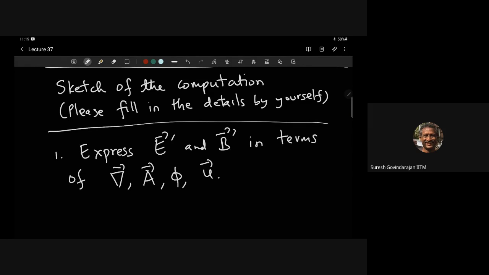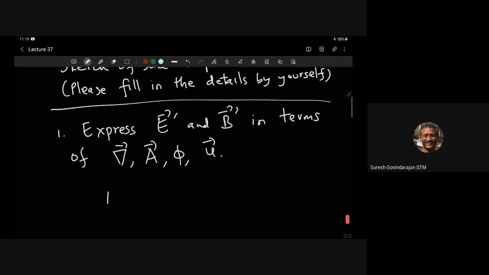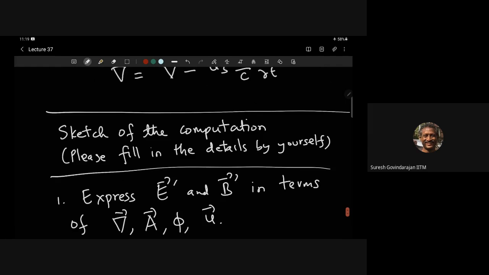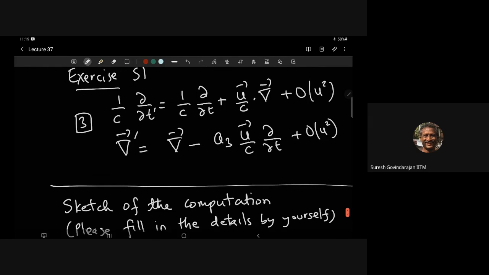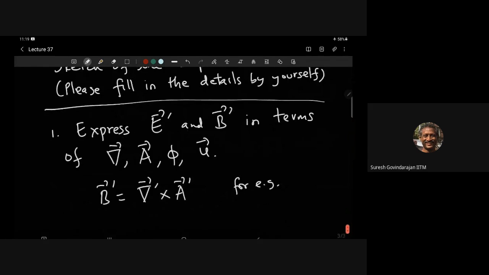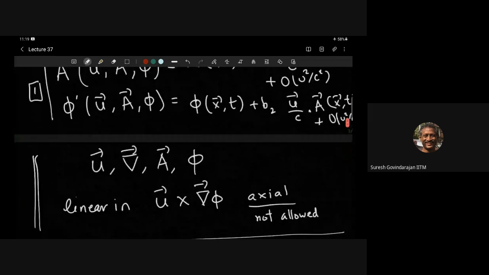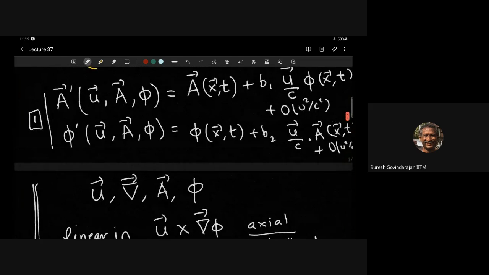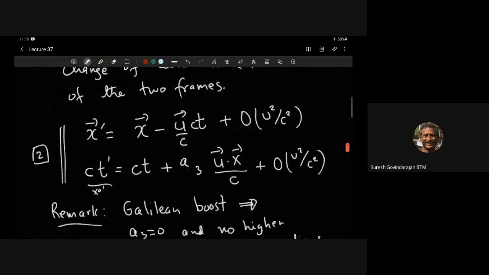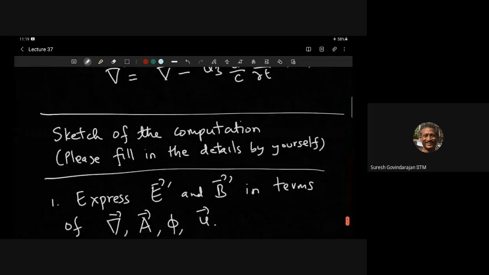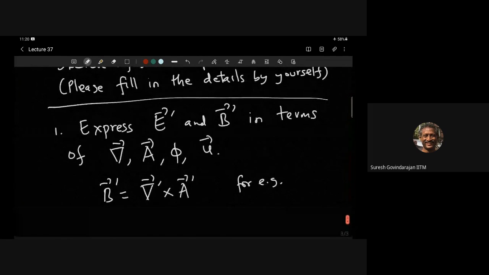This is what we want to do. So for instance, B prime is del prime cross A prime. The del prime we have to replace using equation 3, and A prime we'll use from equation 1. We plug this in, and rearrange.